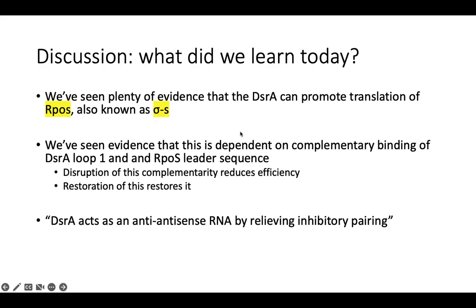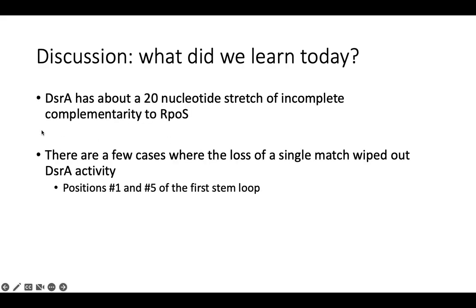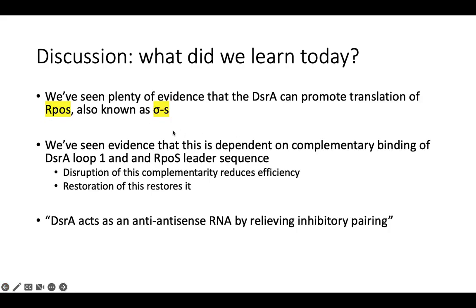We've seen plenty of evidence that DsrA, of course, can promote the translation of rpoS in general. And just something I wanted to note, rpoS is also referred to as sigma S, and in last week's papers, we saw sigma S quite a bit. So this is really cool.